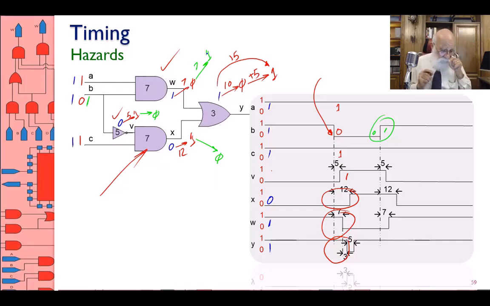Now look at my OR gate inputs. The upper one was 0. This was 12. Okay? The upper one was 0. The lower one is 1. 7 nanoseconds later, W becomes 1 here.